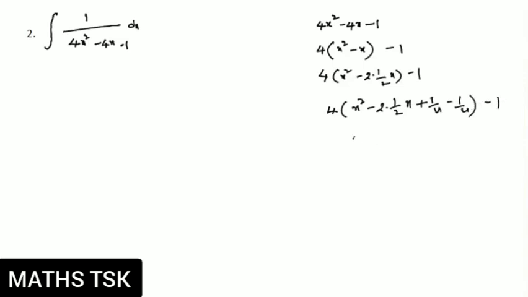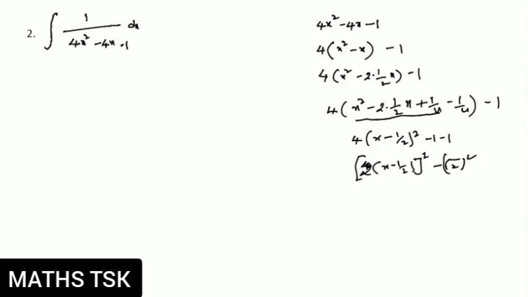So there is 4 times x minus 1 by 2 whole square up to this. 4 into minus 1 by 4 is minus 1, minus 1. So this can be written as 4 into x minus 1 by 2 whole square minus 2, or 2 can be written as root 2 whole square.